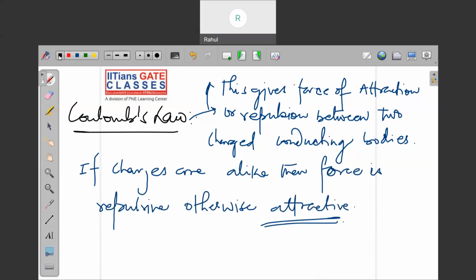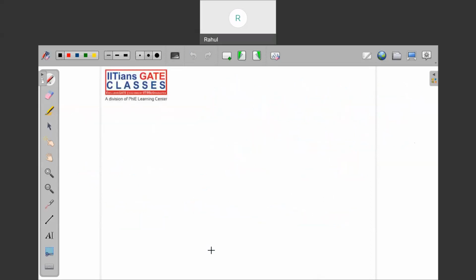You can compute the force between two charges separated by the distance r. Suppose there is a charge q1 and a charge q2, and these are point charges, with the line joining them of length r. The force will be in this direction. It depends upon the polarity of the charges. If the charges have the same polarity, they will repel each other.